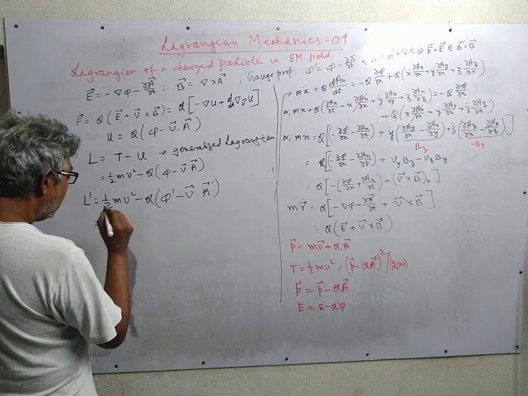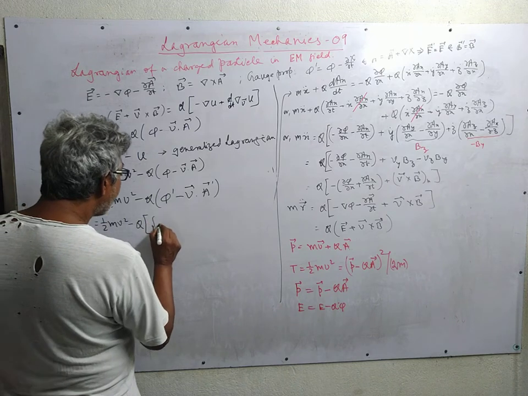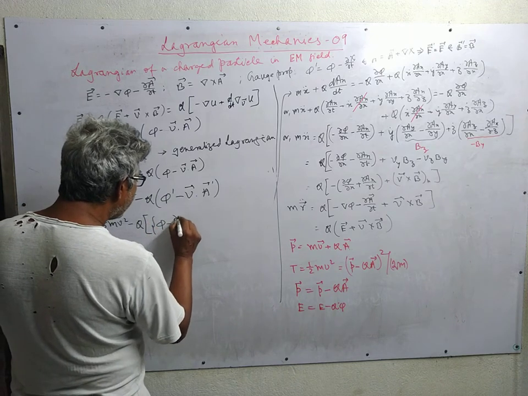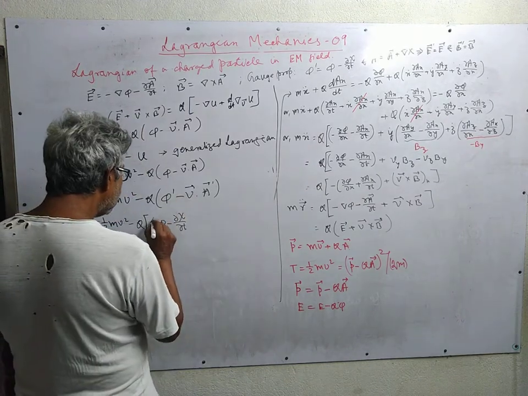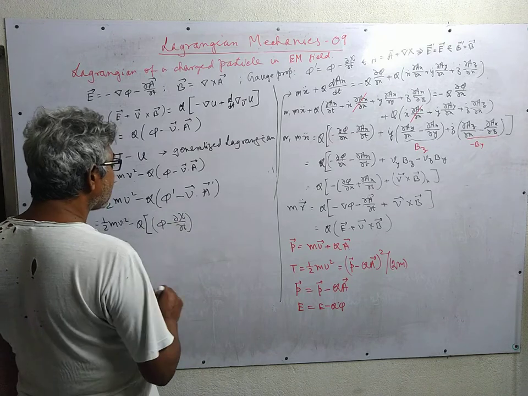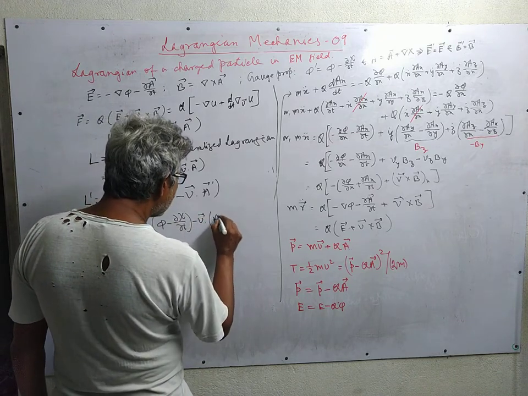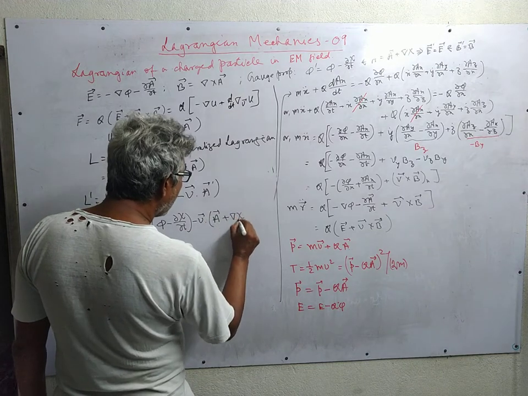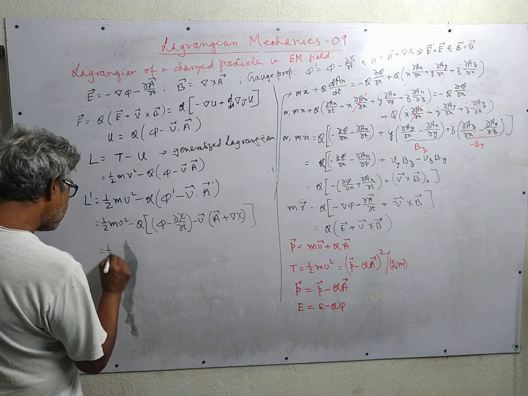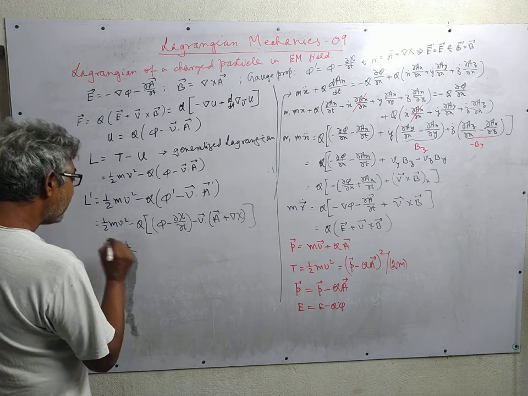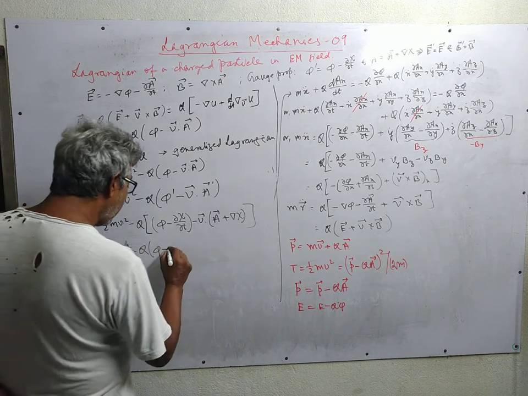This phi prime is phi minus del chi del t, the change of scalar potential, and A is changed to A plus grad chi. We write it as half mv squared minus q times phi minus v dot A.